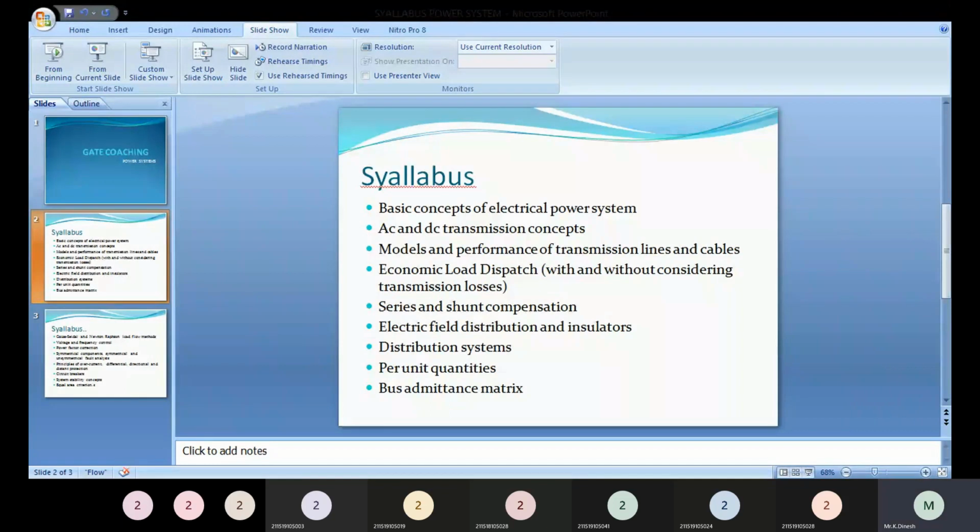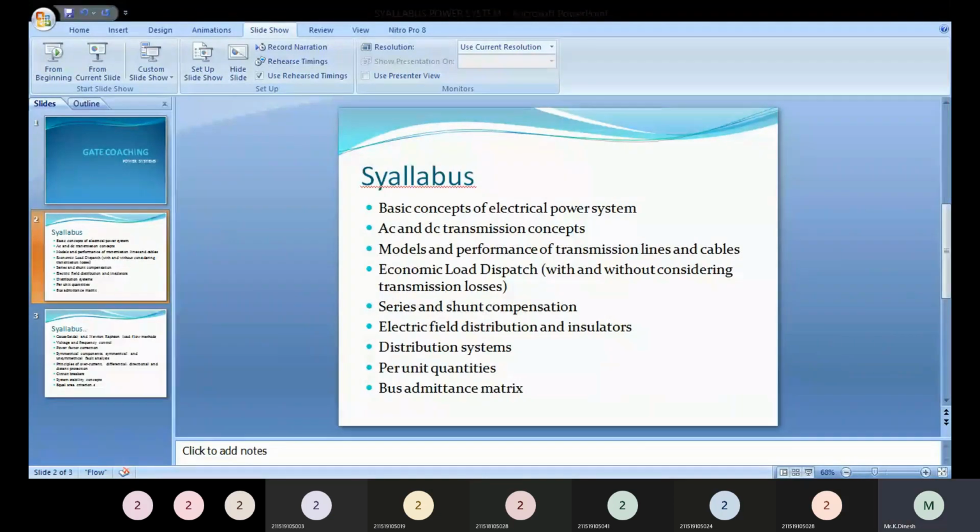We have 80 to 90 questions, and detailed solutions also I have, so nothing to worry about for the solutions. In fundamentals of power system, we have 41 questions.